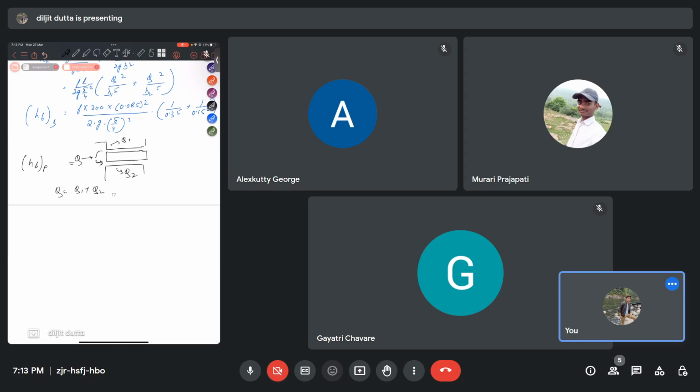Now the ratio of Q1 and Q2 can be obtained based on the ratio of diameters. So Q1 square by Q2 square is equal to D1 to the power 5 by D2 to the power 5, so Q1 will be approximately 5.65 Q2.